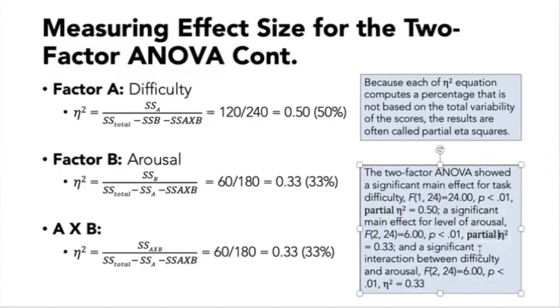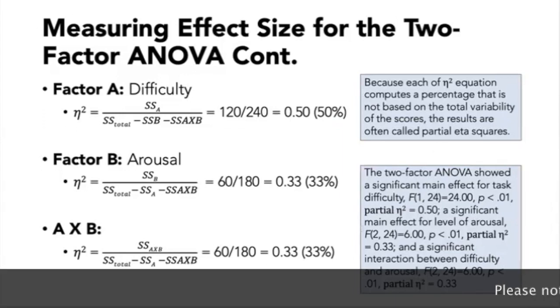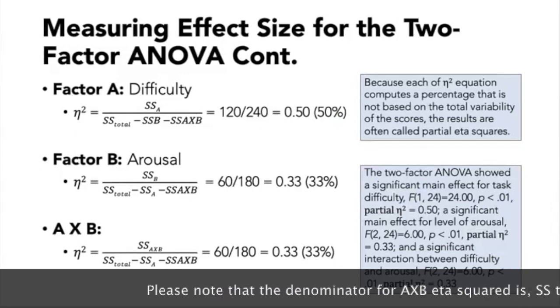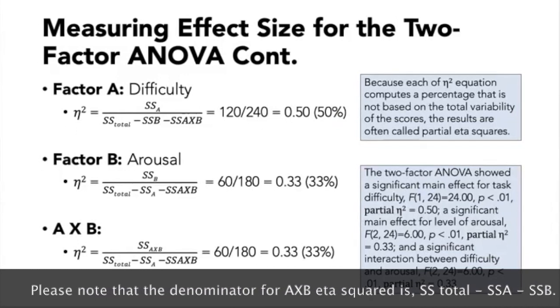That's the important aspect. And then a significant interaction between difficulty and arousal as well. For that also I'm going to write partial eta squared. These are all partial eta squareds. Okay, like this. So this is the interpretation.